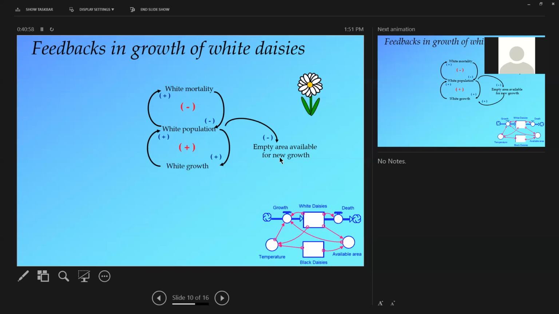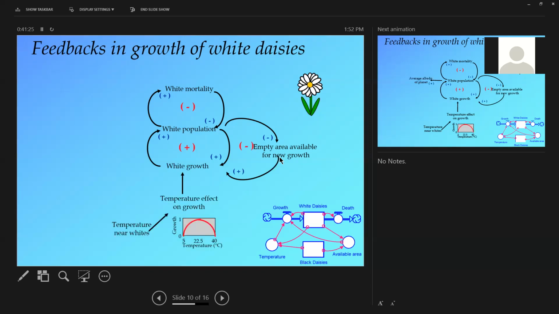So more daisies means less area available for daisies to grow. How's this likely to affect daisy growth? Yeah, it's going to be a negative effect because they're space limited, and so that's a negative feedback in there. So that's a piece of this puzzle, that they're occupying space, and as they do, they've got less space available to expand to.